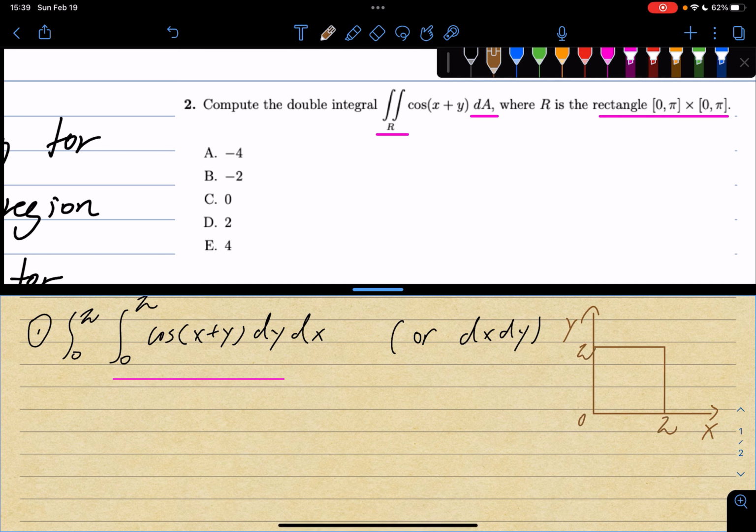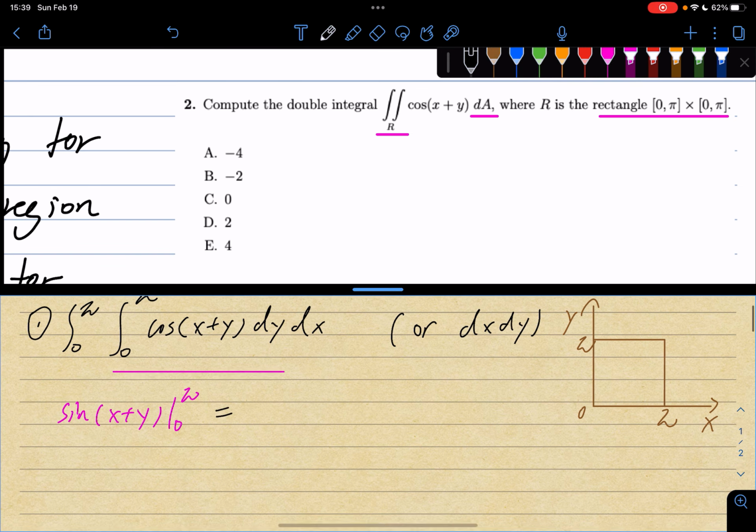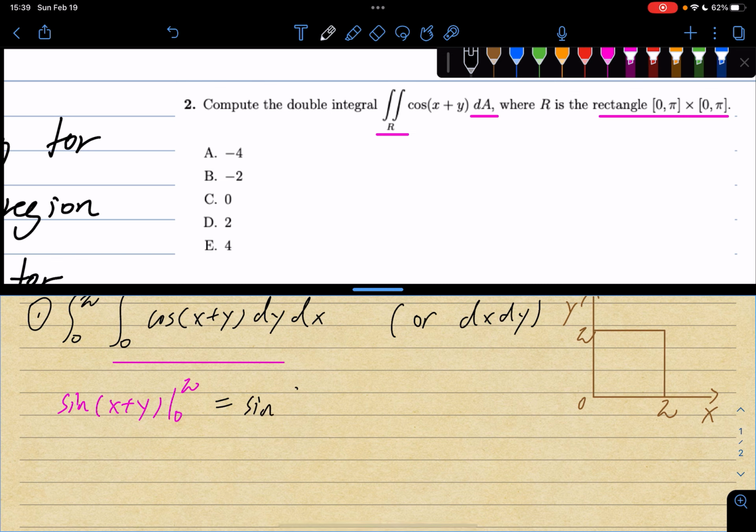The inner part gives us sine of x plus y from 0 to pi, which equals sine of x plus pi minus sine of x.